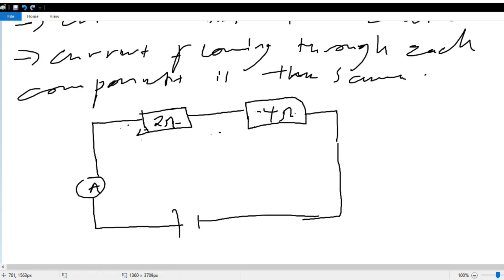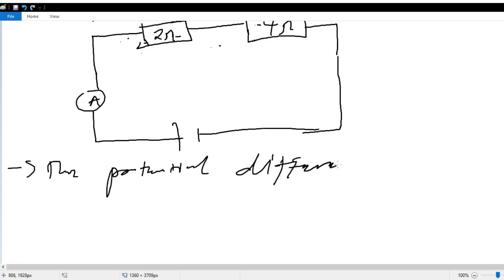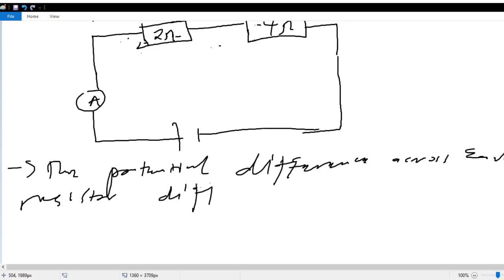So the potential difference across each resistor differs.